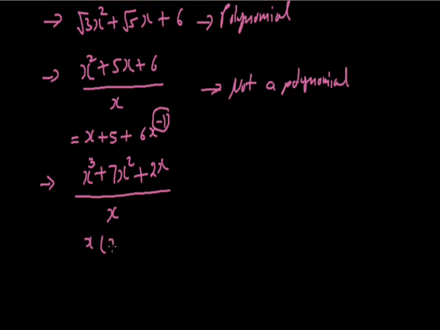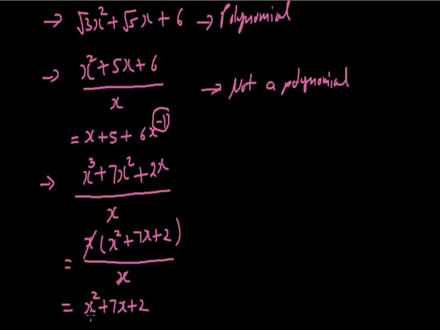The expression becomes x square plus 7x and 2 only, because we are taking x common from all three terms, divided by x. Now this x and this x get cancelled, so we get x square plus 7x plus 2.